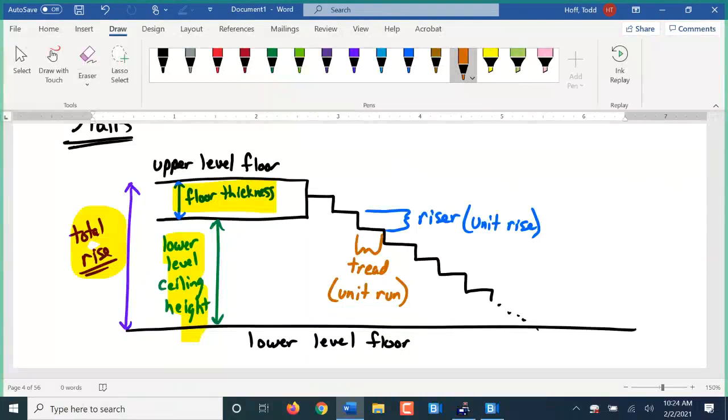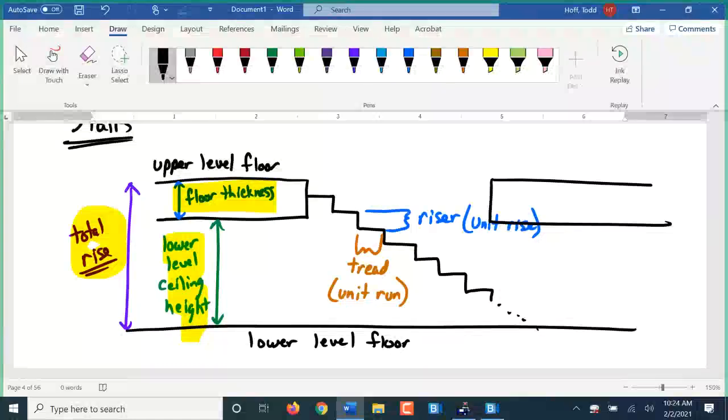Now, of course, there's a floor on the other side over here. There's a height from the bottom of that floor at the edge of the opening to the step directly below it, which is commonly referred to as head clearance.